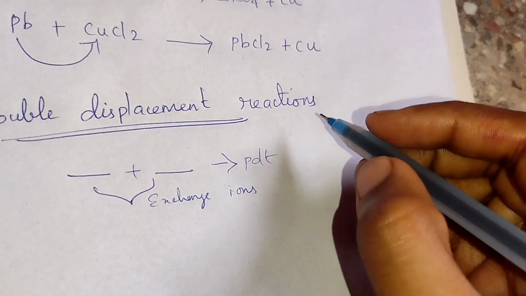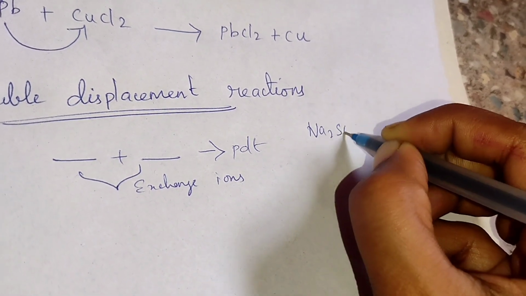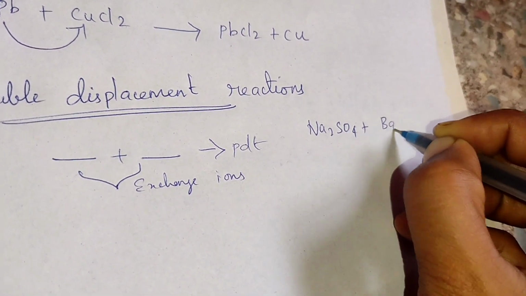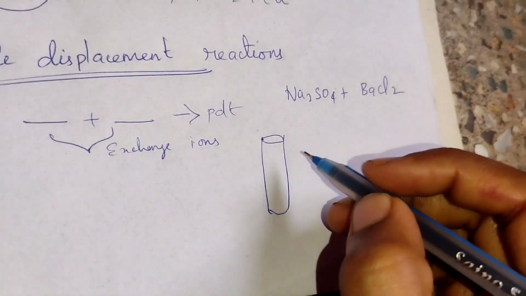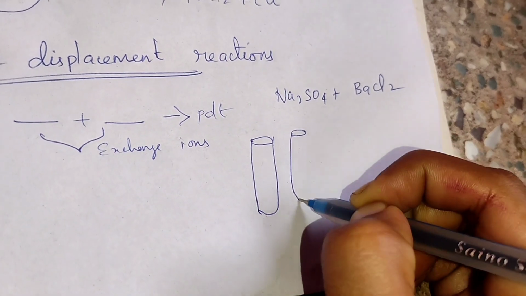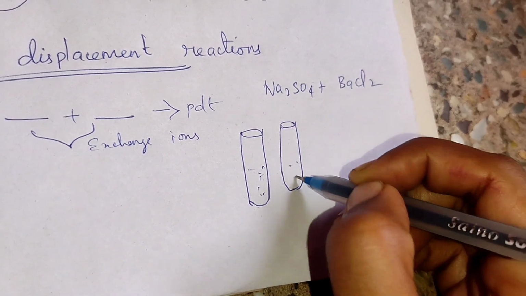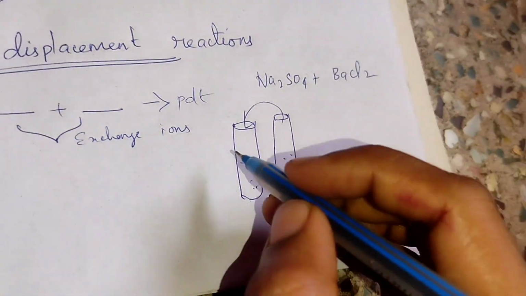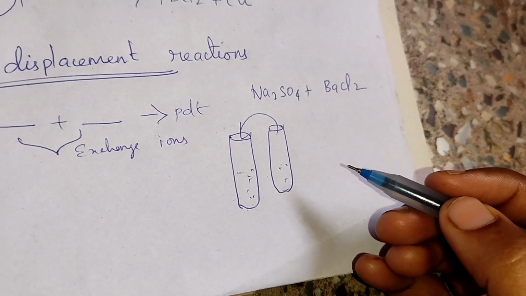Now I am taking sodium sulfate and barium chloride in 2 test tubes. Then I put the barium chloride into the sodium sulfate test tube and mix.